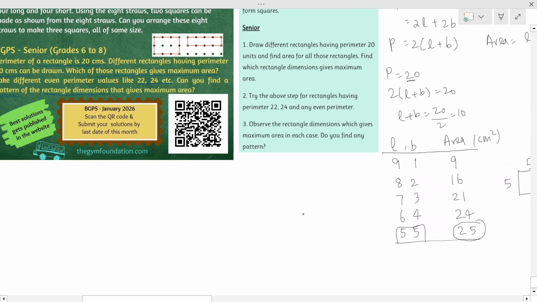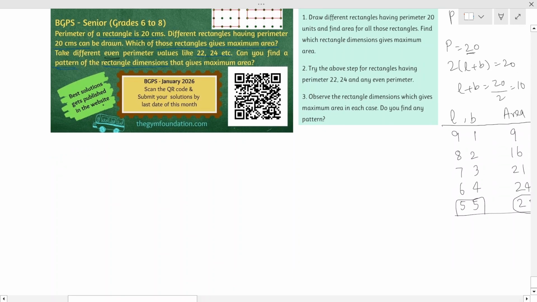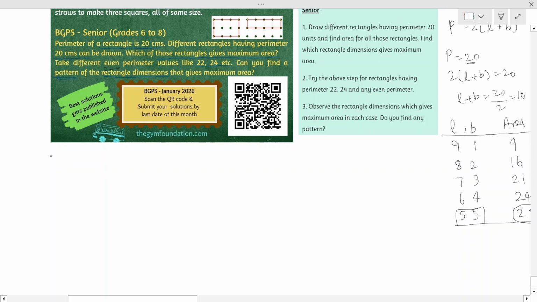So the question also encourages students to explore different even perimeter values, like 22, 24, etc., and asks us to find a pattern. So let's try doing the same kind of table here, with length and breadth and then the area.